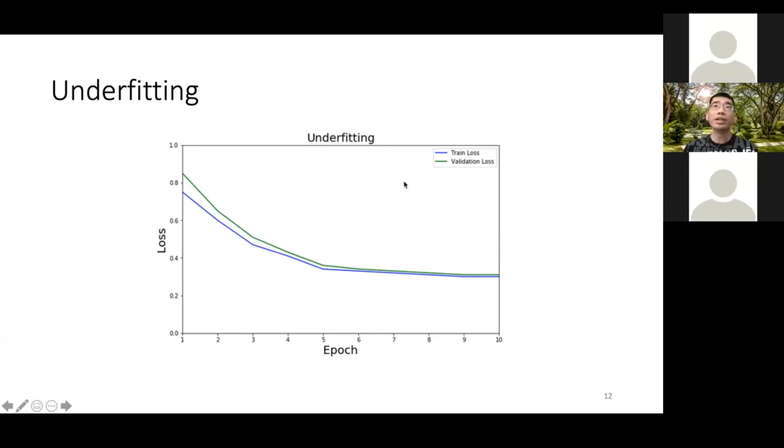Even if you just see a flat training loss curve in general, without necessarily plotting the validation loss curve along with it, you can pretty much suspect underfitting is happening. Sometimes the curve may also show oscillating noisy values, but these will still be centered around a high loss value without significant trends of decrease. Okay.